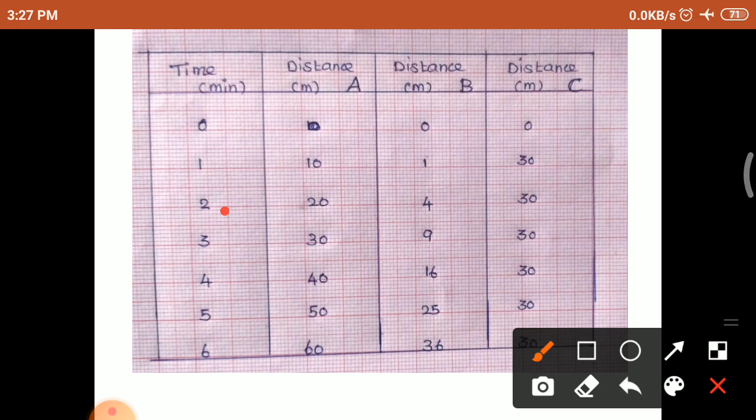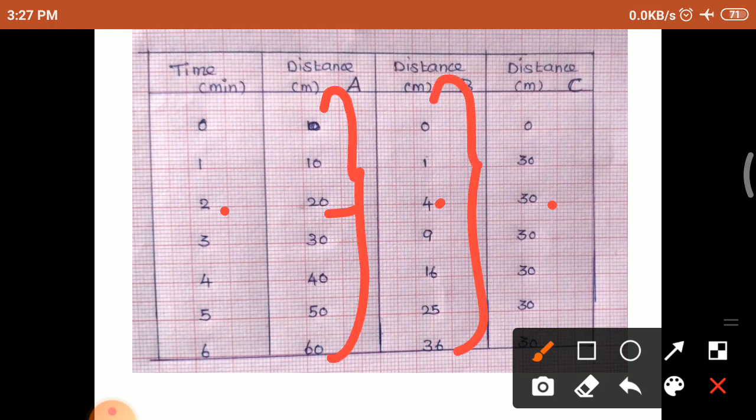When the time is 2 minutes, object A covers 20 meters, object B 4, object C 30. So for this reading, we are going to draw a graph.